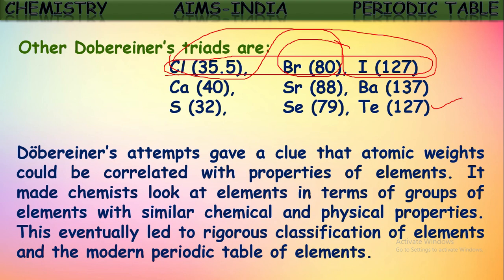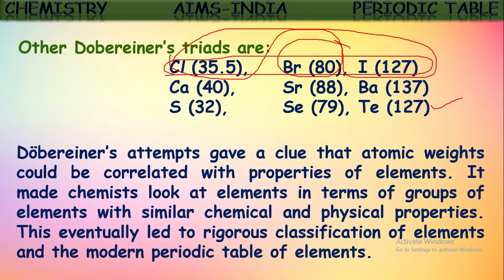Döbereiner's attempts gave a clue that atomic weights could be correlated with the properties of the elements. So, for the first time, from Döbereiner's triads classification, they came to understand that atomic weights of the elements are correlated with their chemical properties.